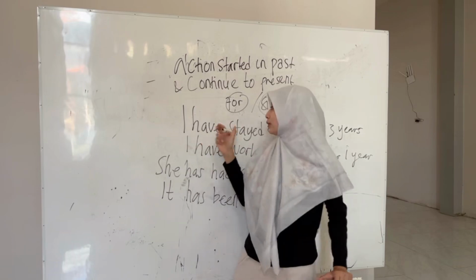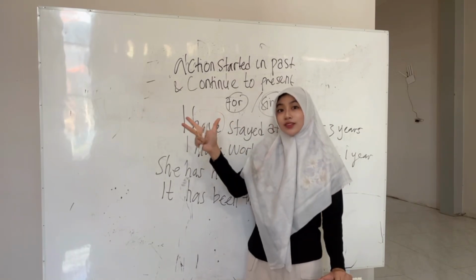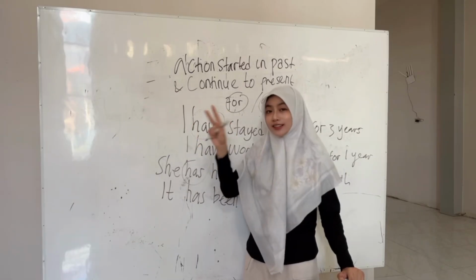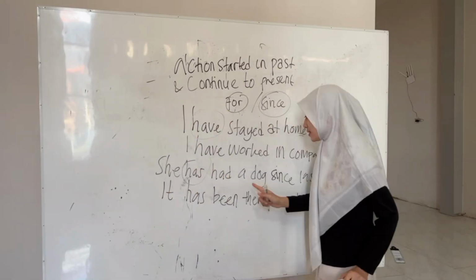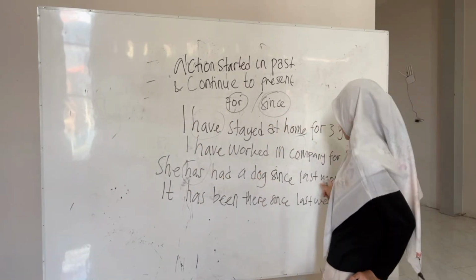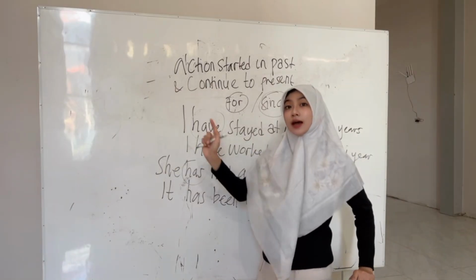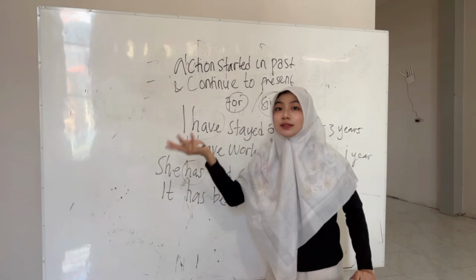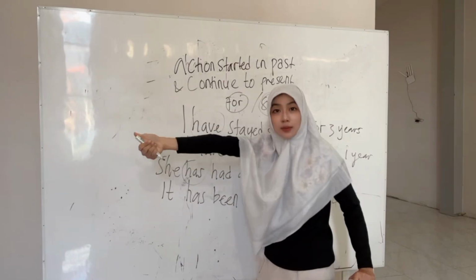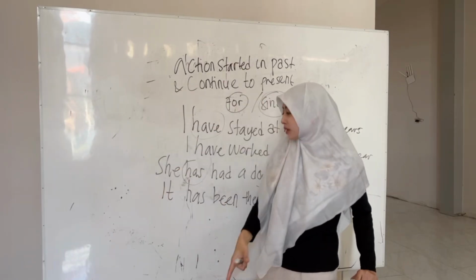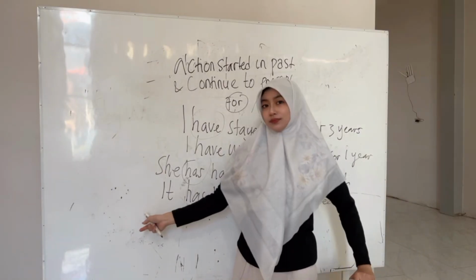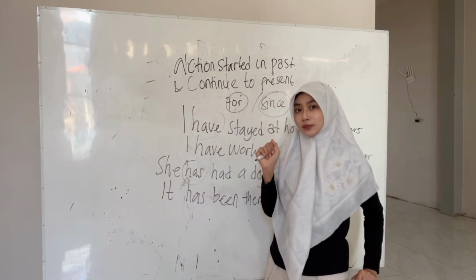We use have for the subjects I, you, we, they, and we use has for the subjects she, he, it. For example, she has had a dog since last month. She has had a cat since last week. So it tells that the action started in the past and still continues in the present. Another example, it has been there since last month.